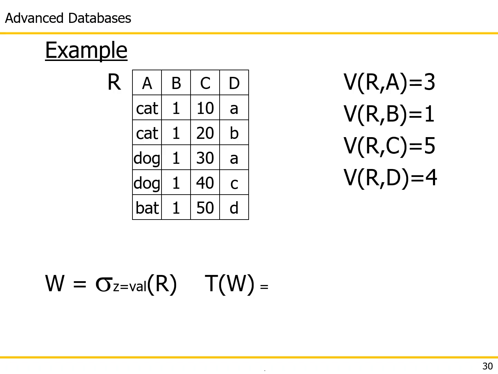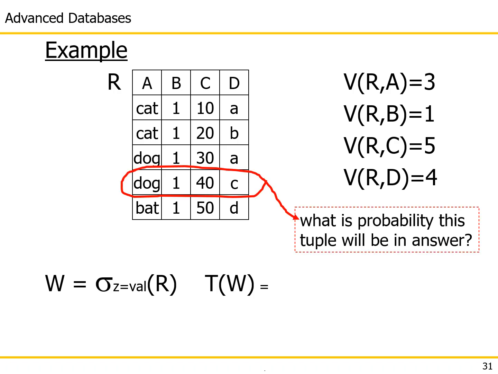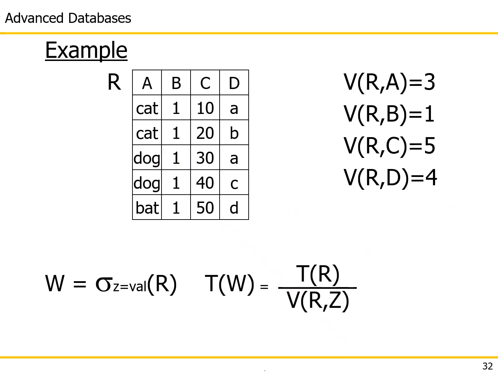But I don't want to look at the val. So I am basically asking, in terms of probability, what's the probability that any specific row will go into my result set?